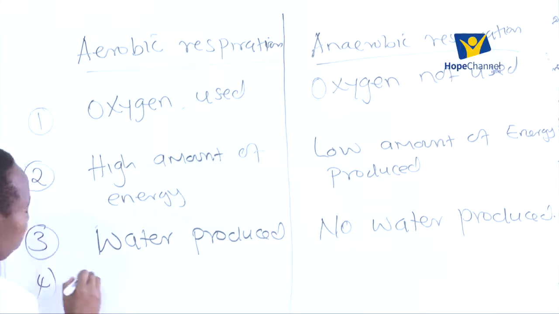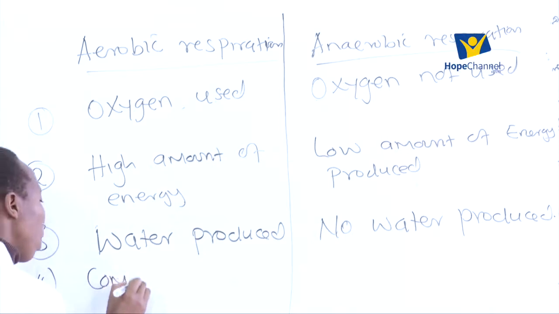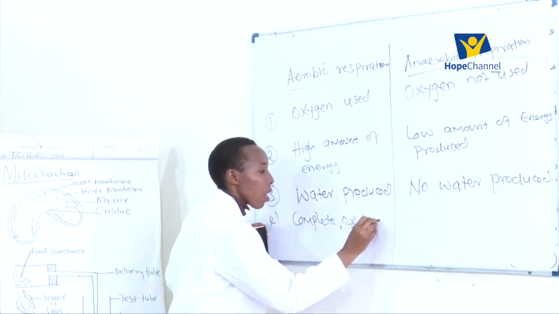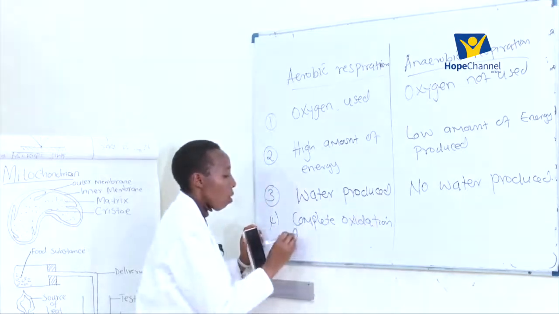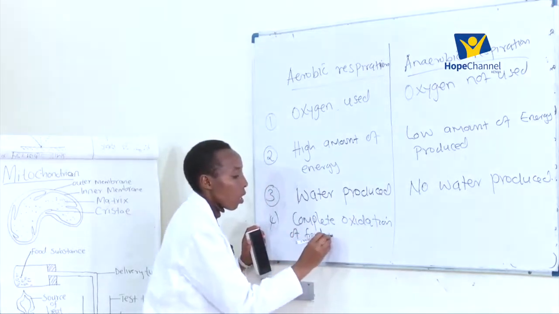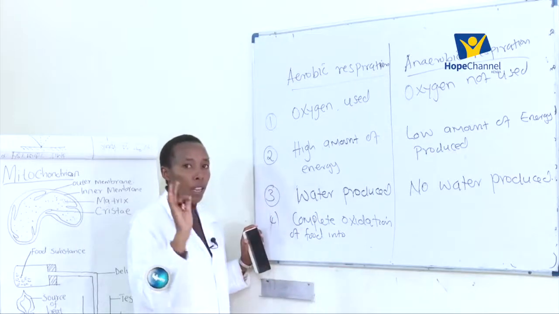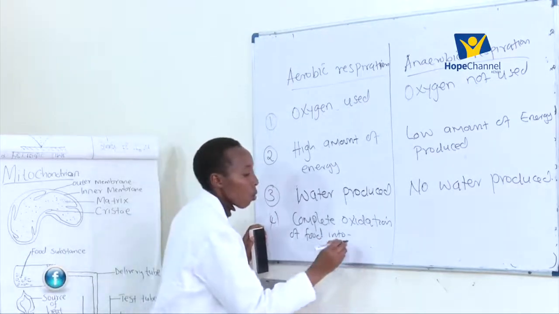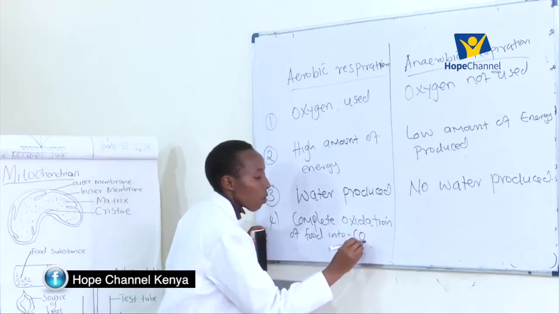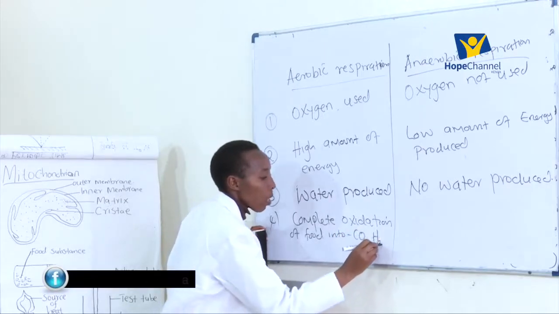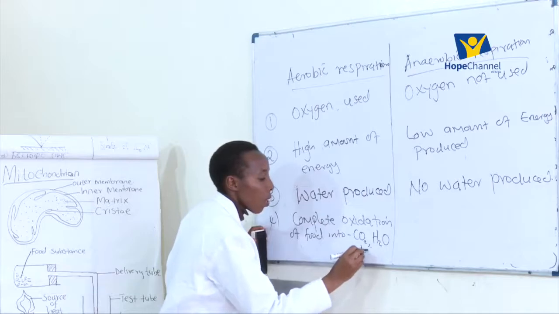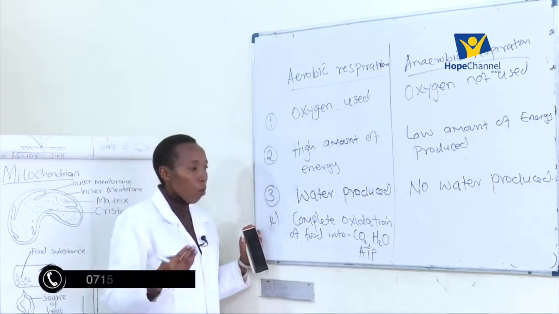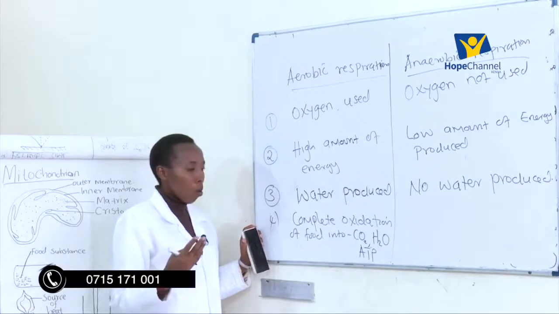So there is complete oxidation of food into, we said there are three products: we have carbon dioxide, we have water, and we also have energy in form of ATP. So that is when you completely oxidize glucose.